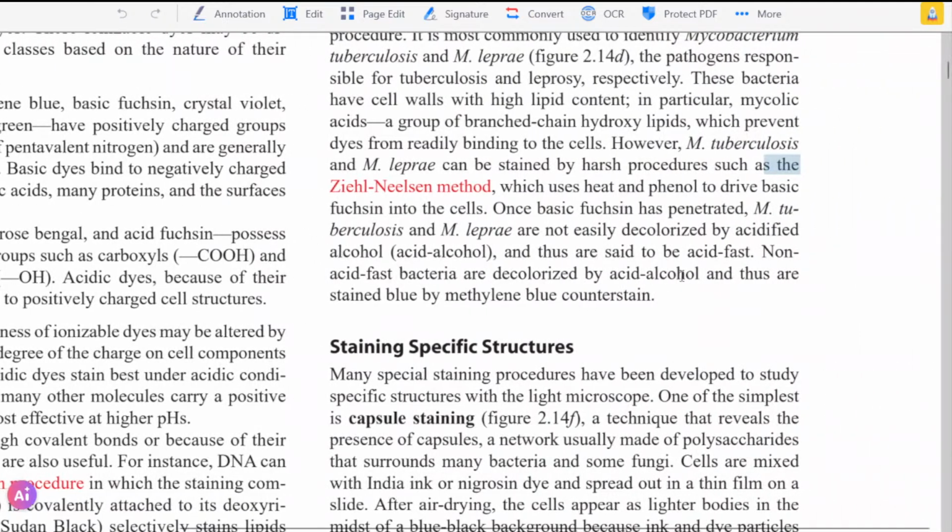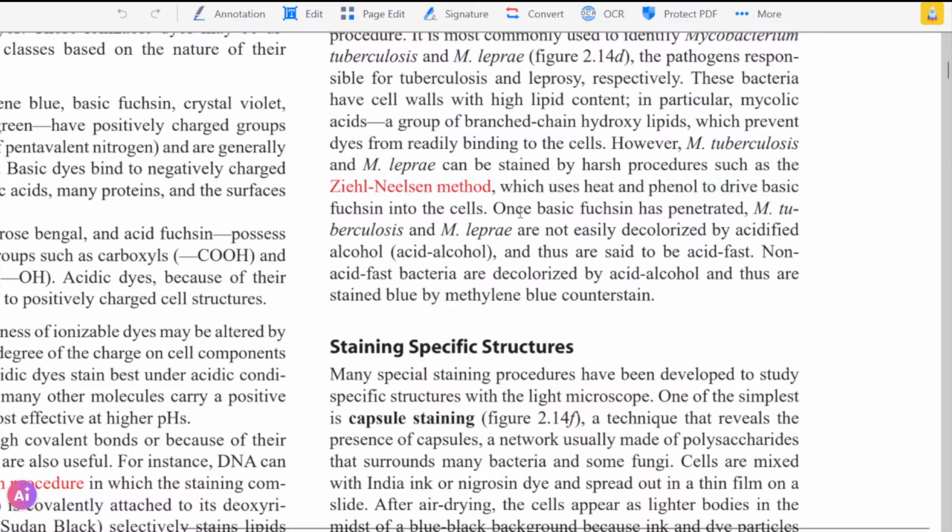covalent bond forming dyes, this one is the general procedure for acid fast staining, in which we use this Gill-Nielsen method. In this, phenol and heat is used, and the dye that is used is basic fuchsin, and it is used to drive that dye inside the cell.